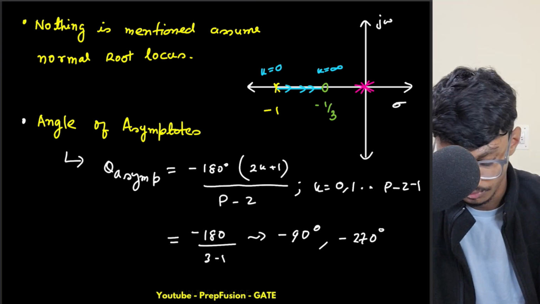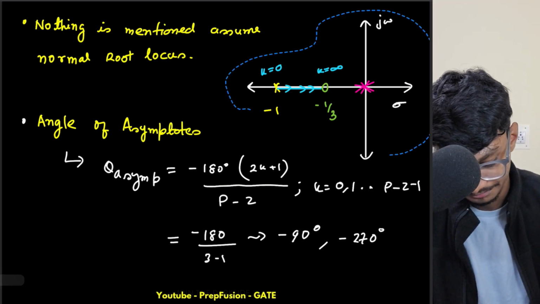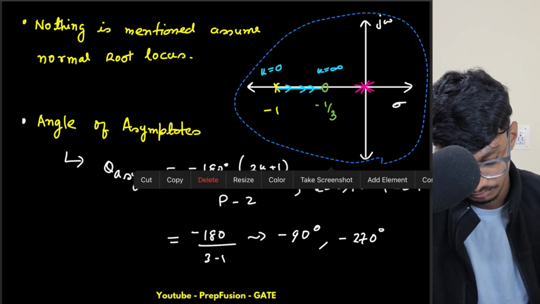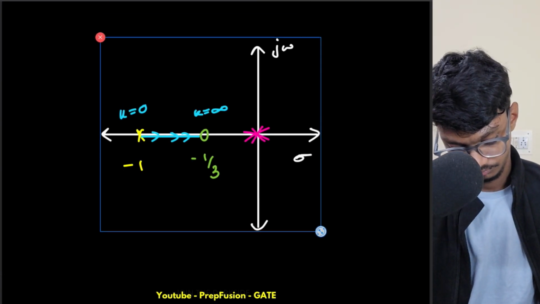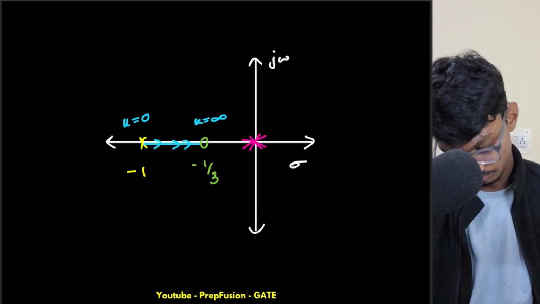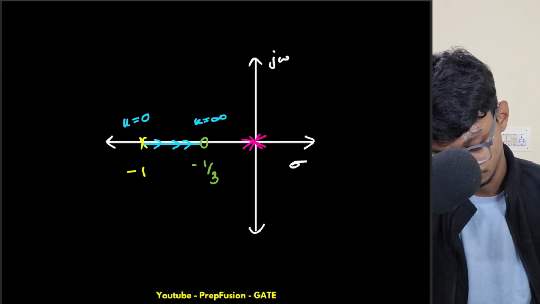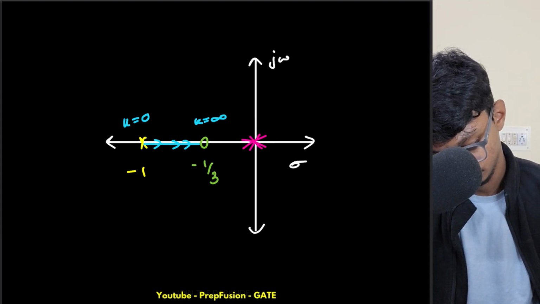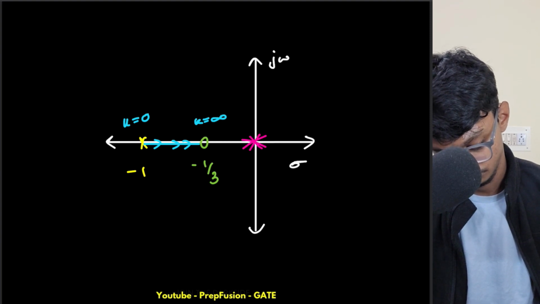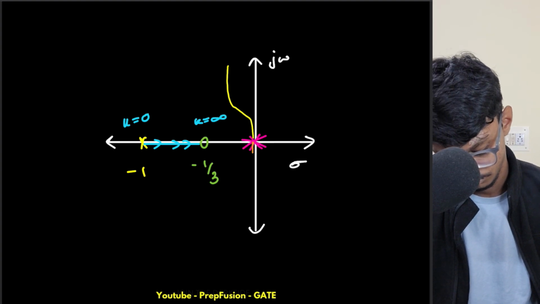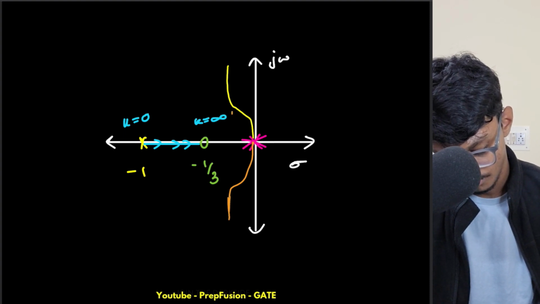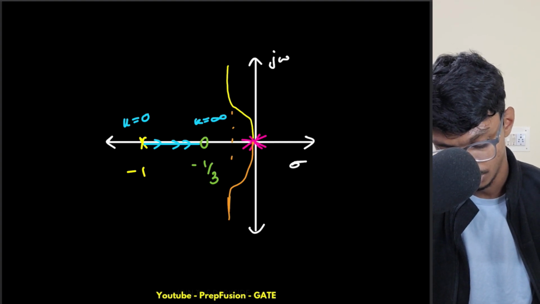So here we can observe these are my angles of asymptote.